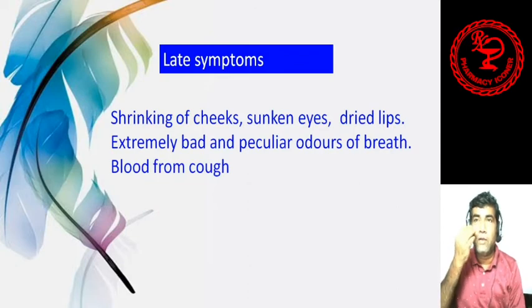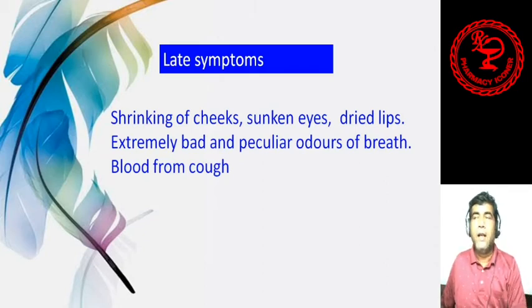The lower portion of the eye skin may be wrinkled and may come down. Lips are dried and darkened. Another thing is a bad and peculiar odor from the breath. The exhaled air may contain a very bad and peculiar odor.